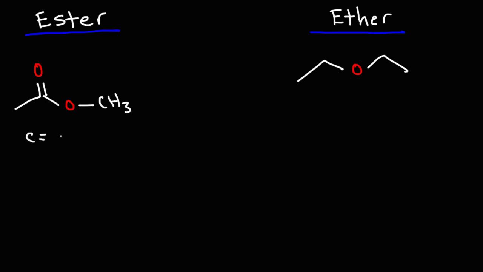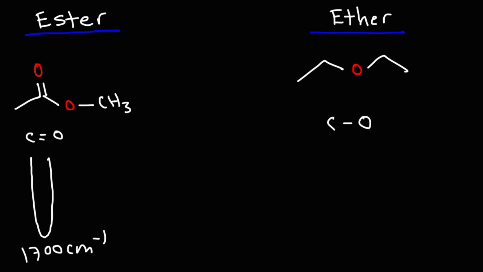The ester functional group has a carbonyl CO stretch of around 1700, very similar to aldehydes and ketones. The ether doesn't have the carbonyl CO stretch, but it does have a single bond CO stretch, and that is between 1000 and 1150.